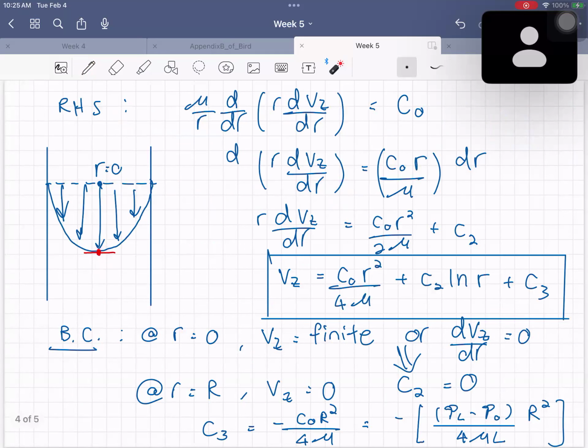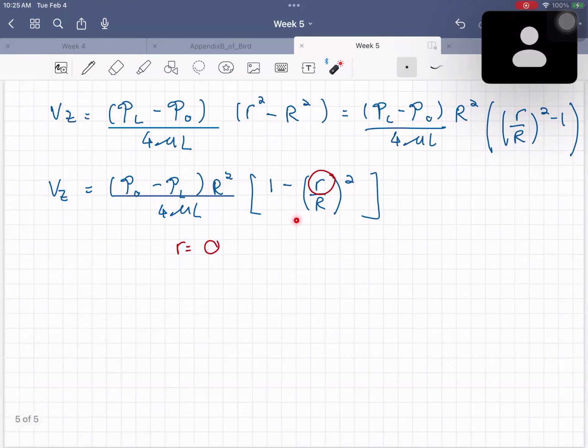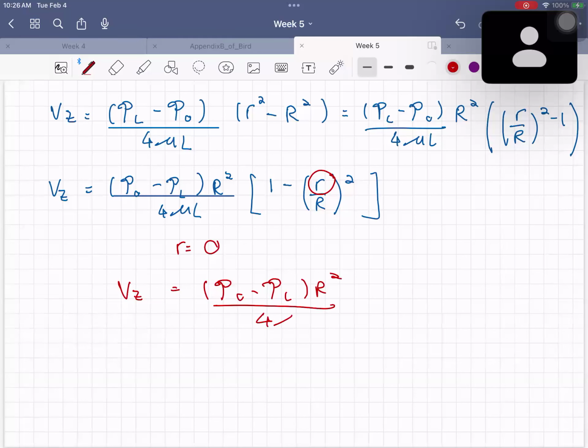So from this equation, if I substitute R equal to 0, that means Vz will be equal to the first term, PL R square over 4 mu L. And I would say max right here, maximum.